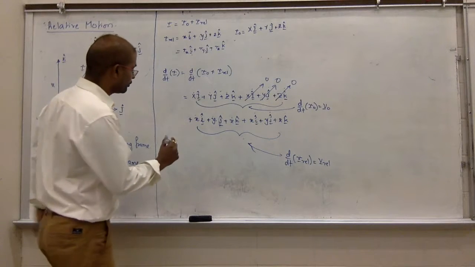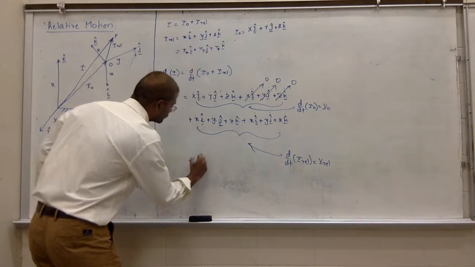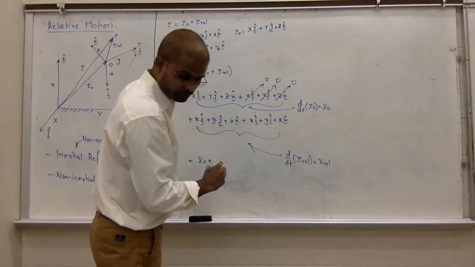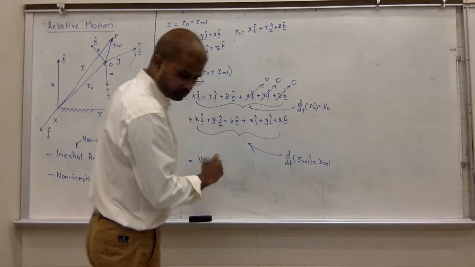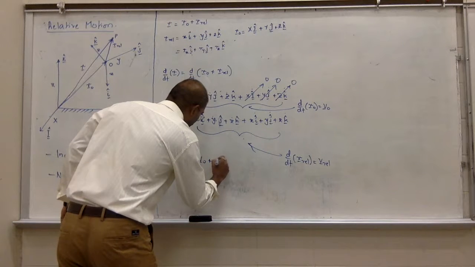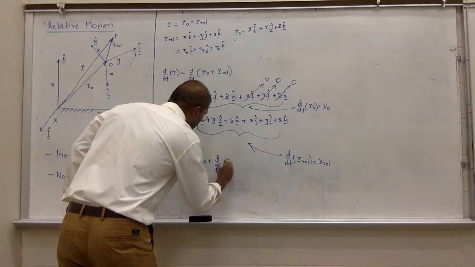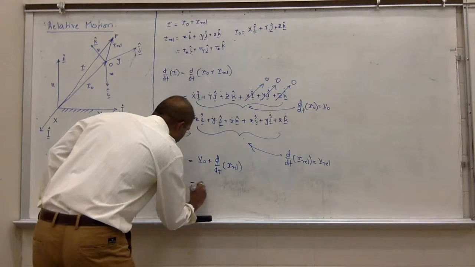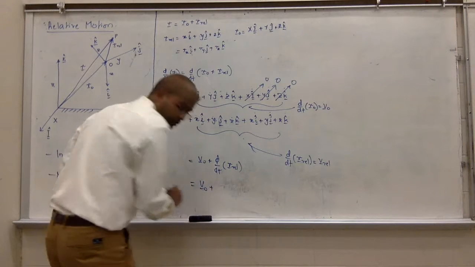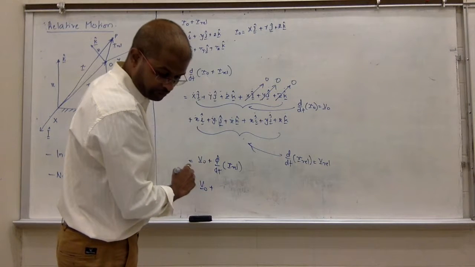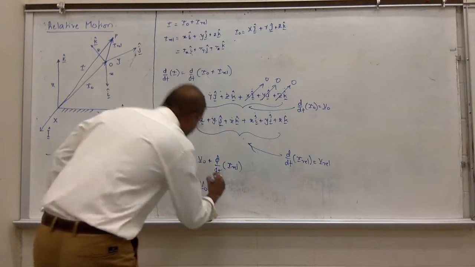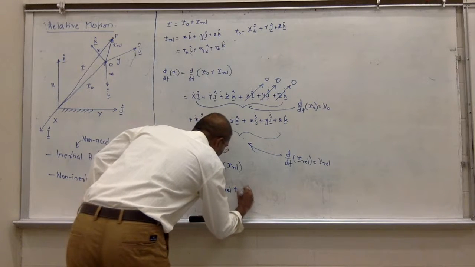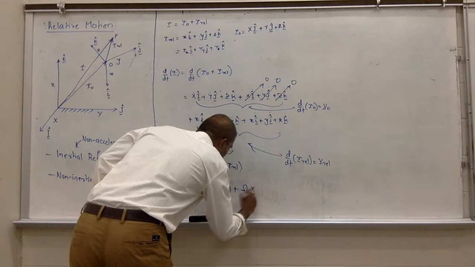So the way we write this is V naught plus d over dt of r relative, which is V naught plus V relative plus V.